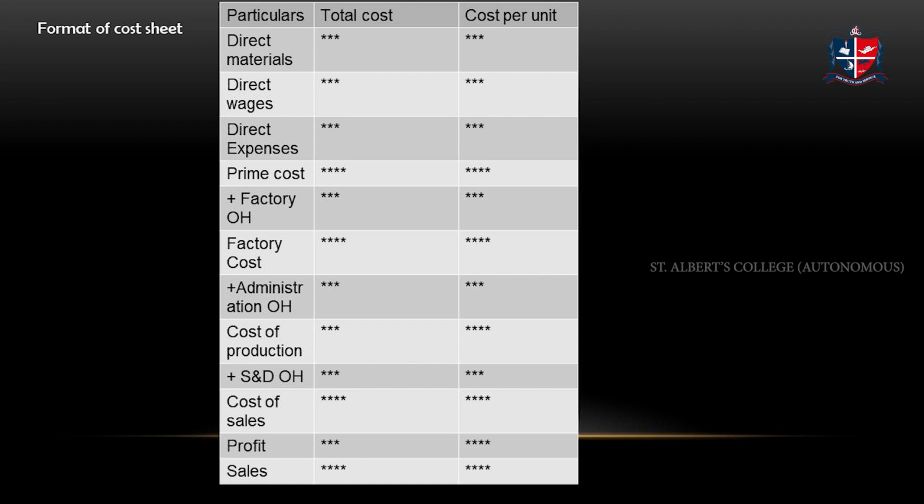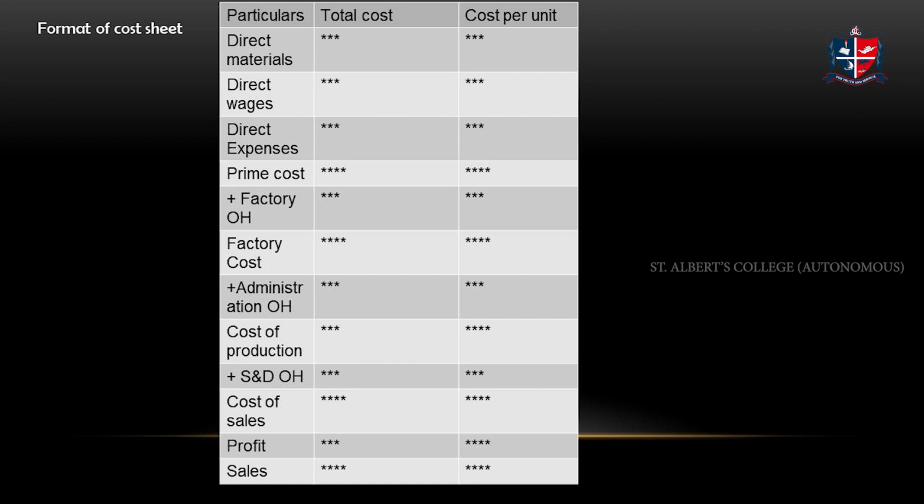If any information regarding the sales is given in the question, then take that amount to the final step and deduct the cost of sales from the sales amount, and we will get the profit amount.